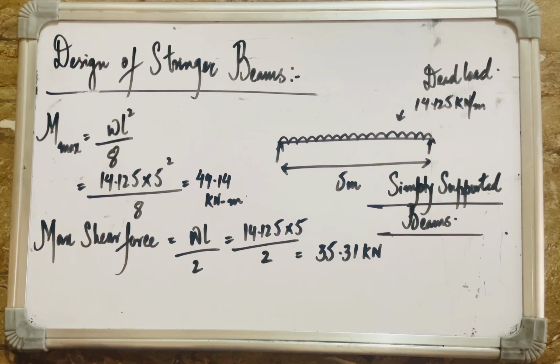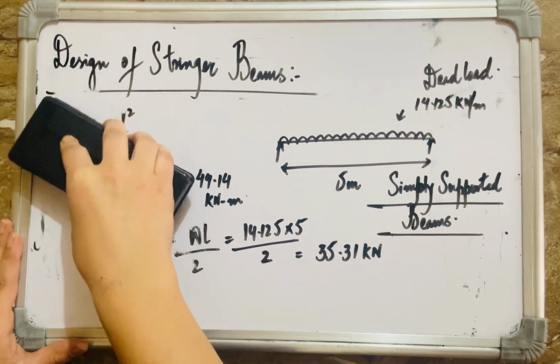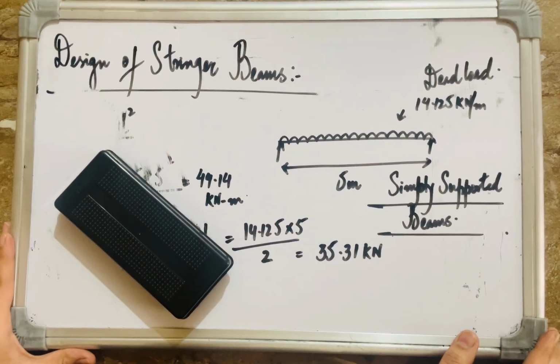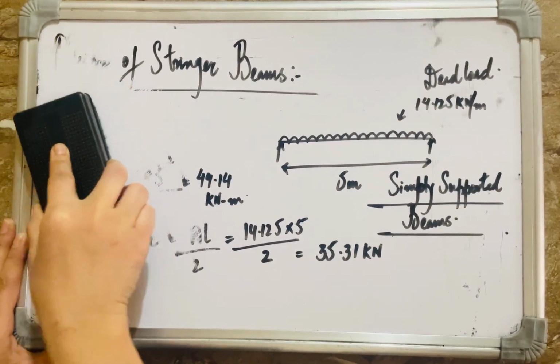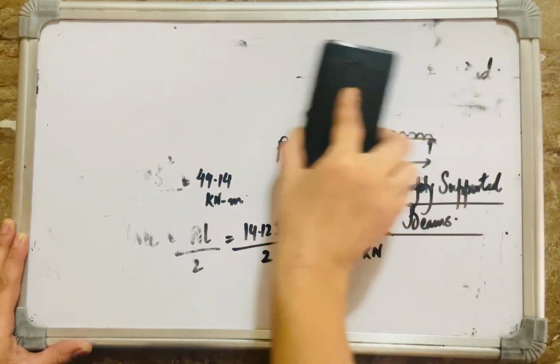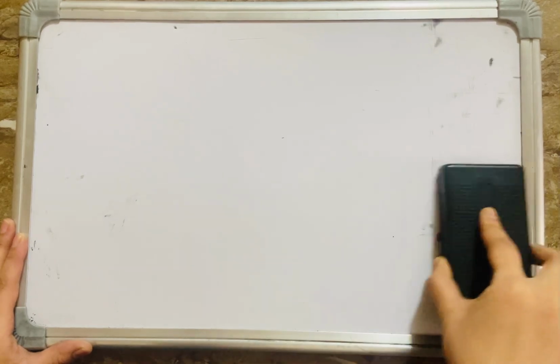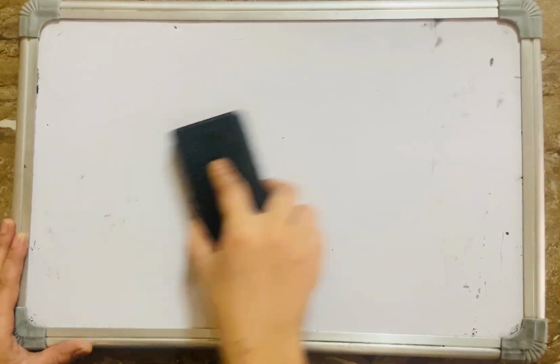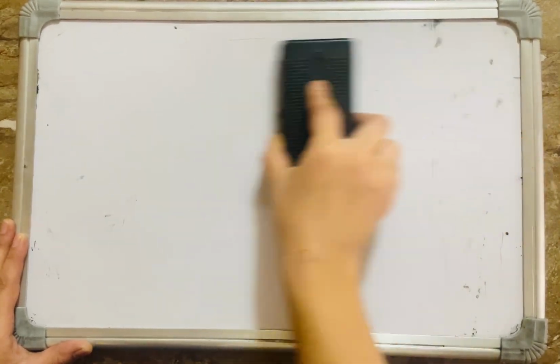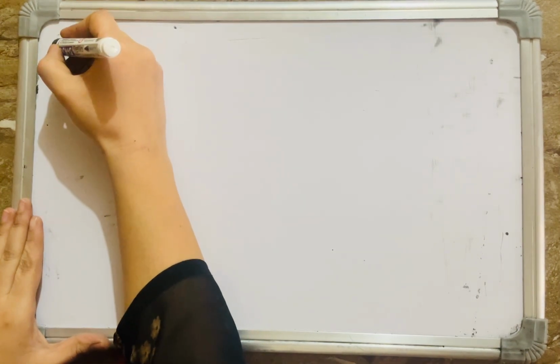We have been asked to design the steel truss bridge according to the IRC class AA tracked vehicle, and according to it the live load is given as follows. After calculating the maximum bending moment and shear force due to the dead load on this stringer beam, I'll be calculating the maximum bending moment and the shear force on these stringer beams due to the live load.